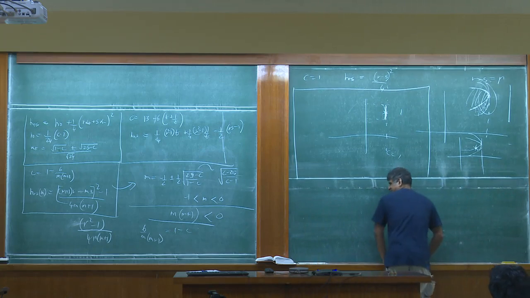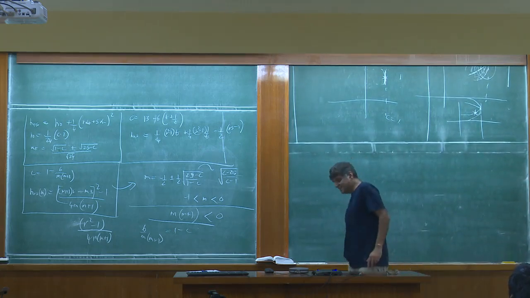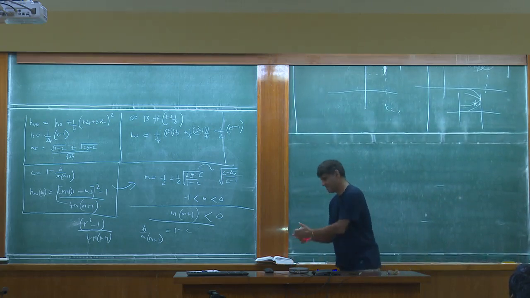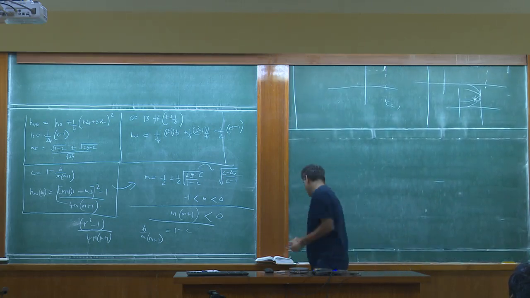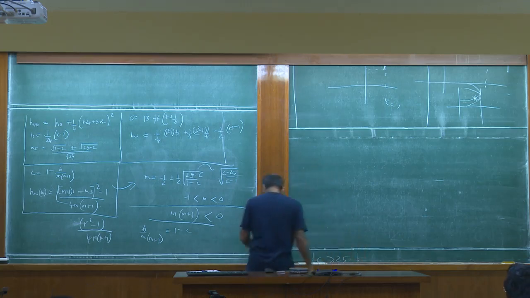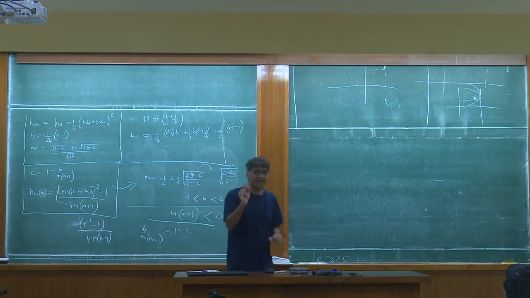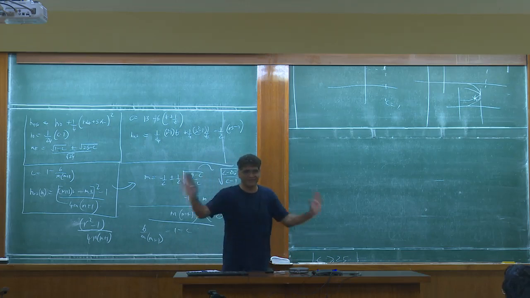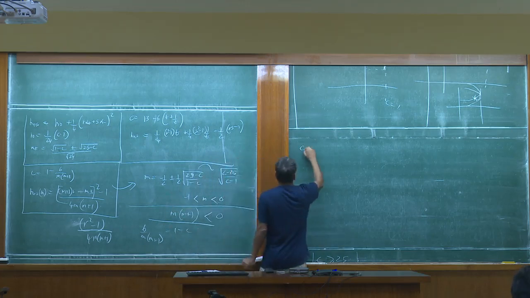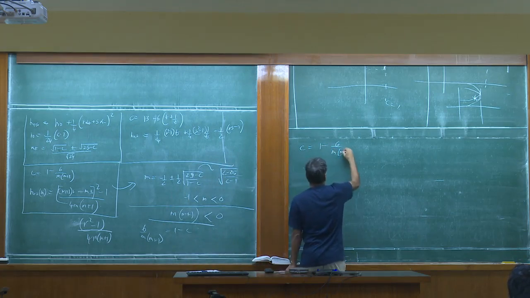Okay. The answer is that unitary theories first only occur at discrete values of C, not at every value of C. These values of C are 1 minus 6 over m into m plus 1.